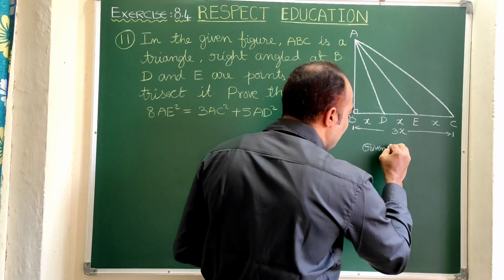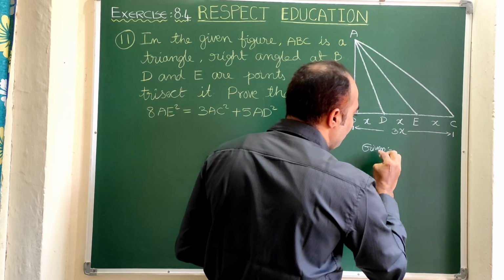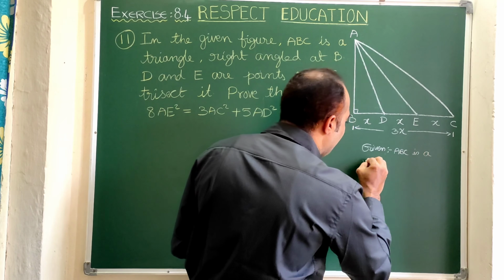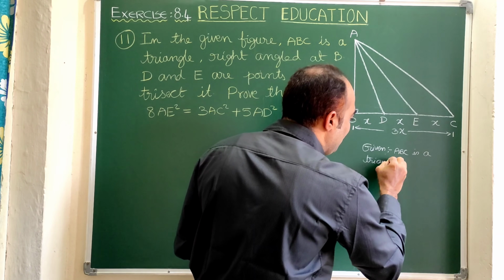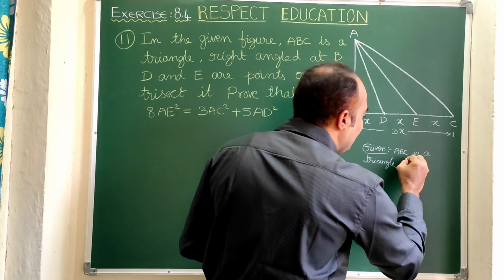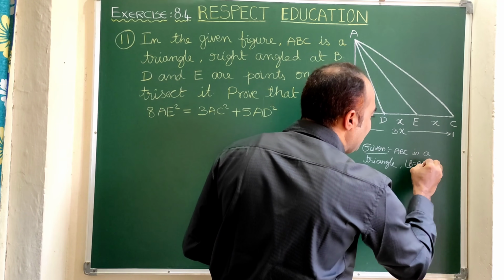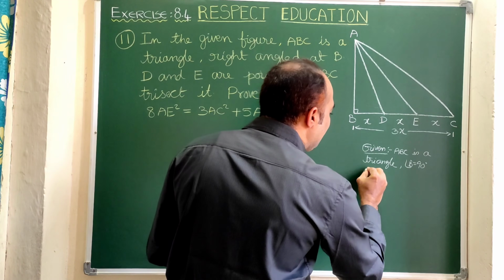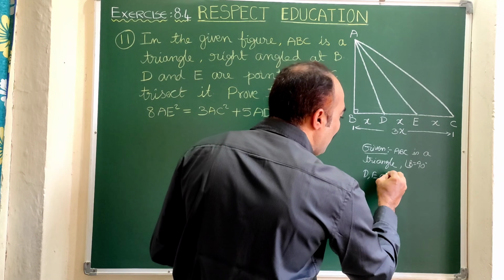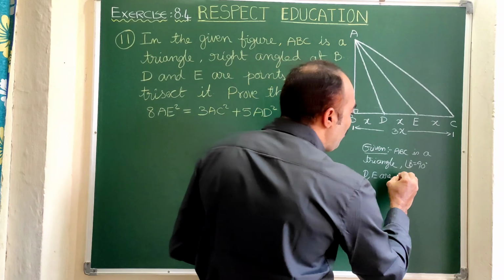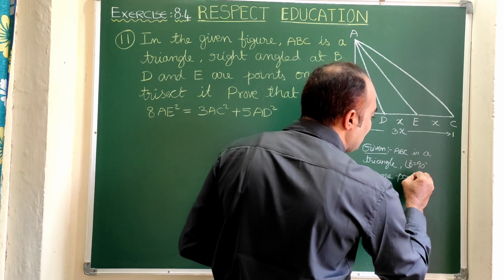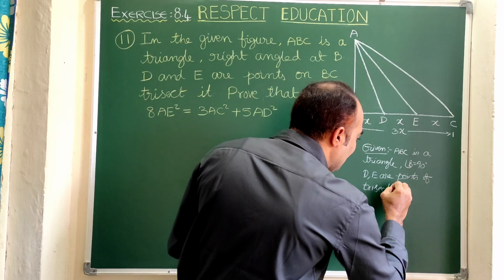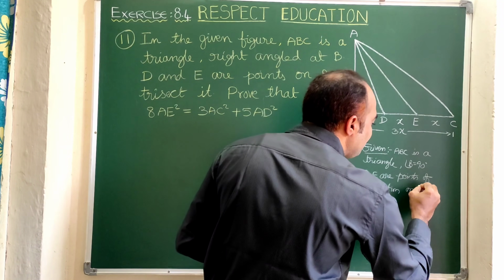Given: ABC is a triangle in which angle B is equal to 90 degrees. And one more thing, D, E are points of trisection on BC.